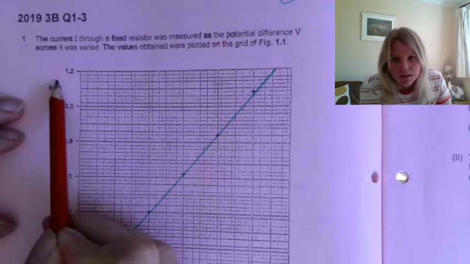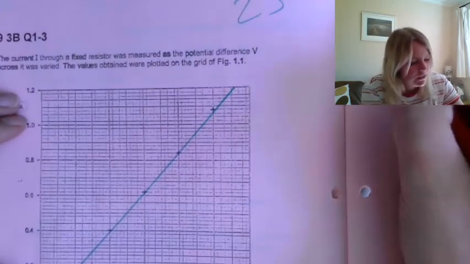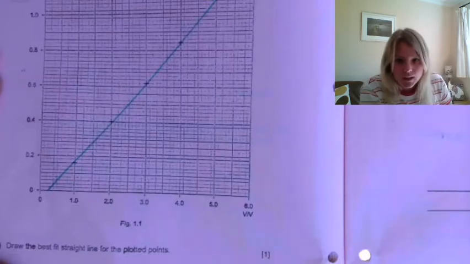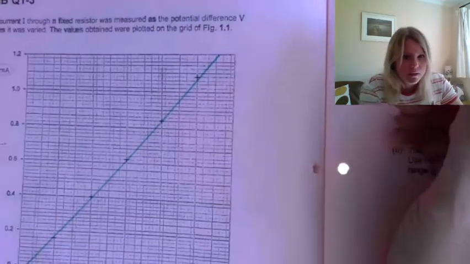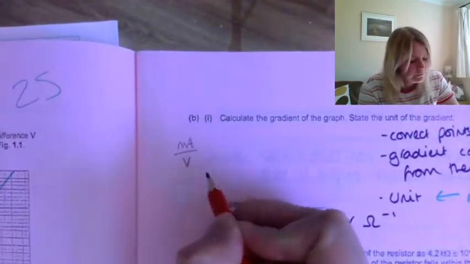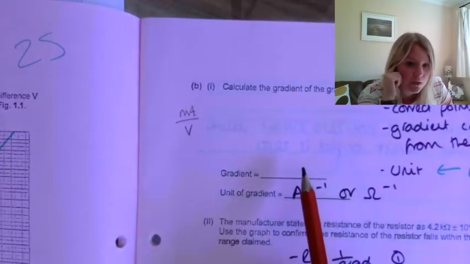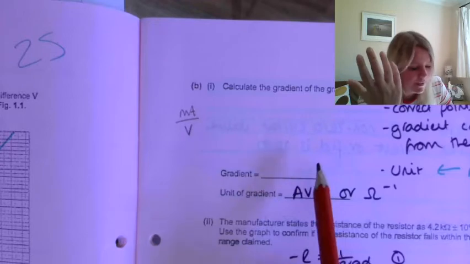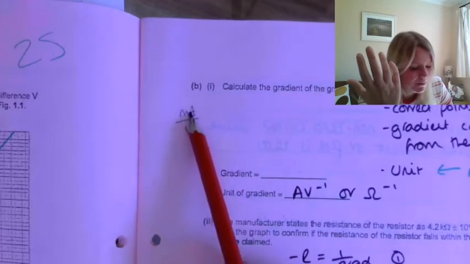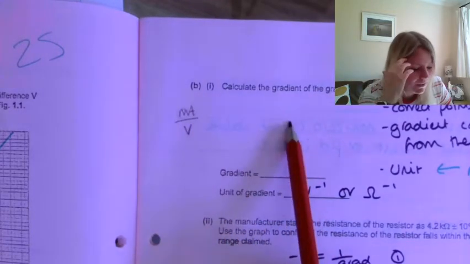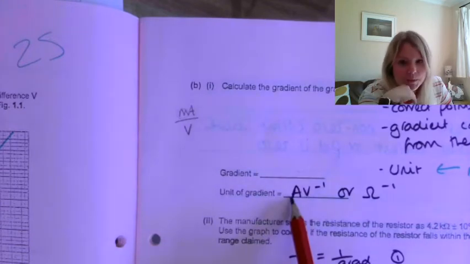It's going to be the unit of the y-axis, which is milliamps, divided by the unit of the x-axis, which is volts. Now, if your number was in milliamps, like if you didn't account for this prefix in your calculation of your gradient, then this would be milliamps per volt.